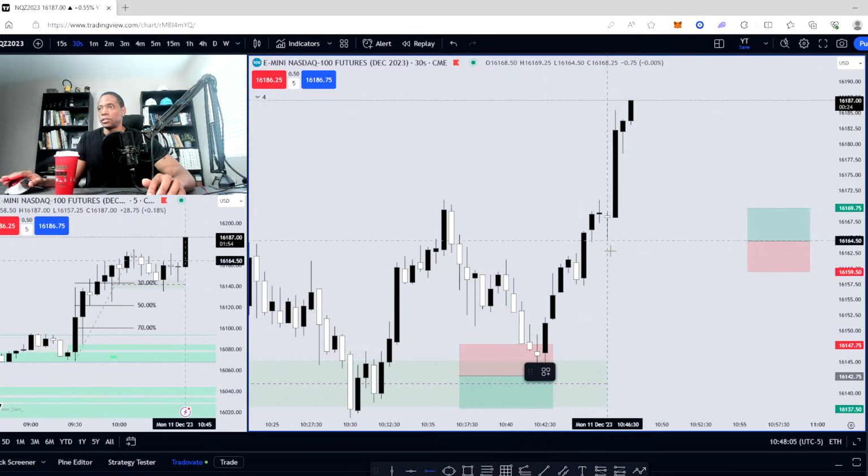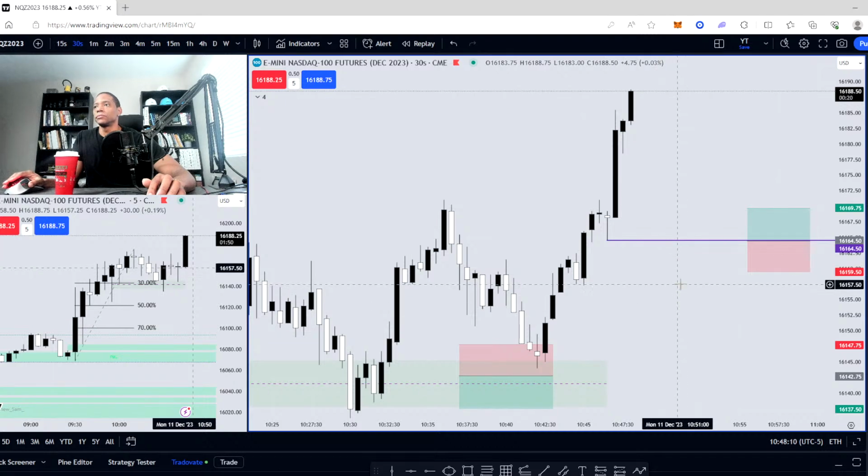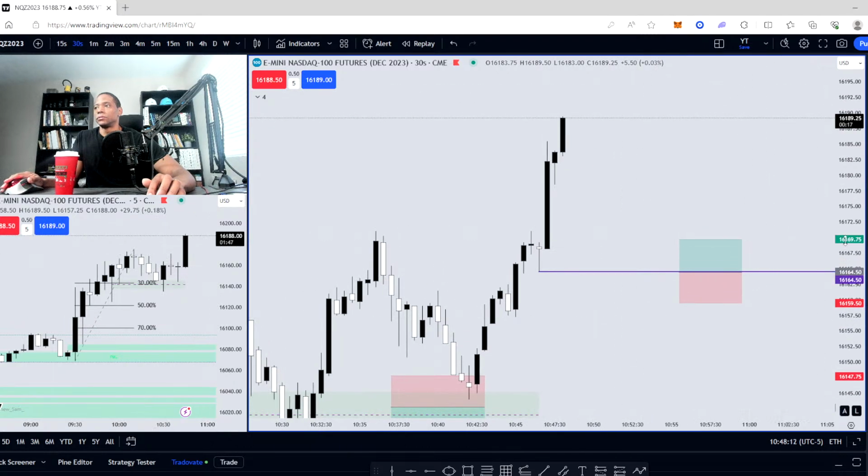The next low swept could potentially be right here, or it could be a little higher.